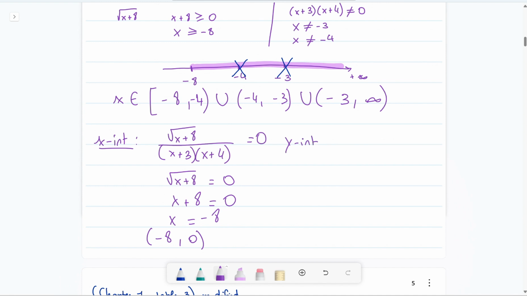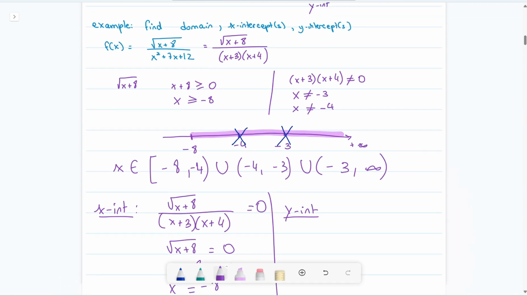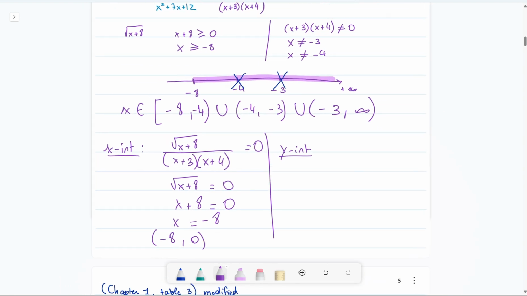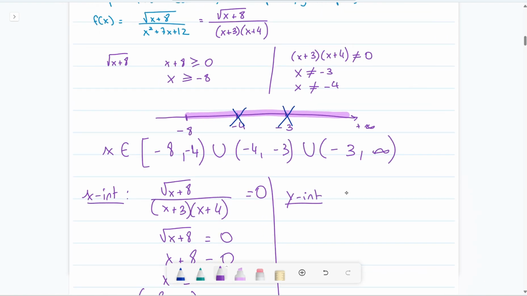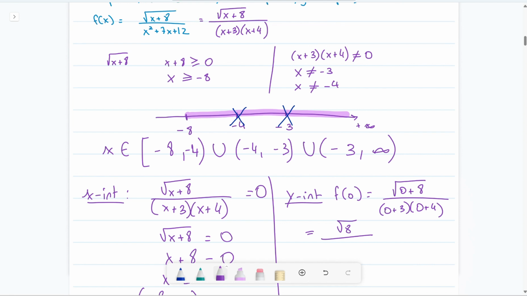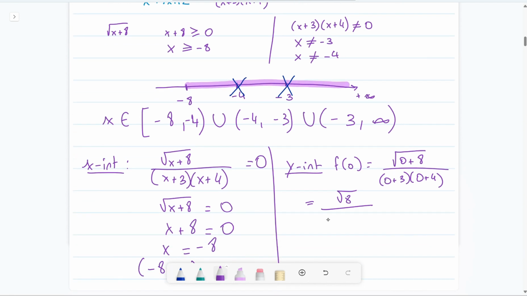Now for our y-intercept, we need x to be 0. So we plug in x equals 0. So we have, instead of x, we write square root of 0 plus 8 divided by 0 plus 3 times 0 plus 4. This gives us square root of 8 divided by 3 times 4.